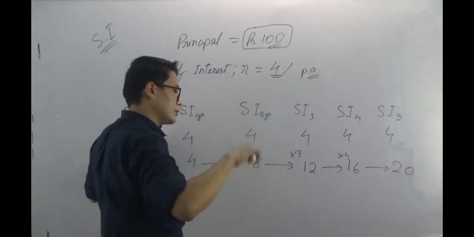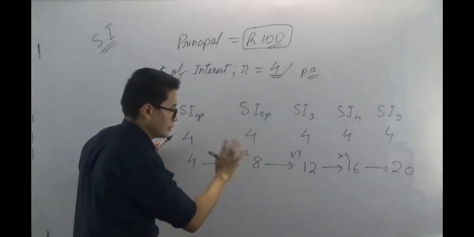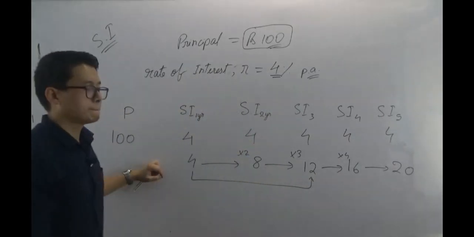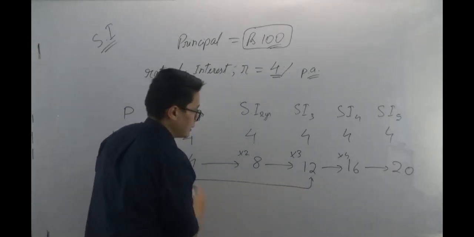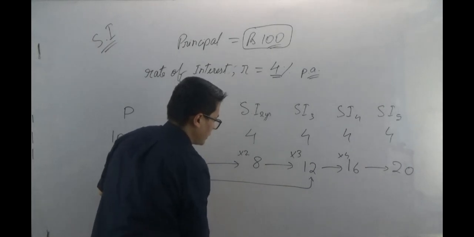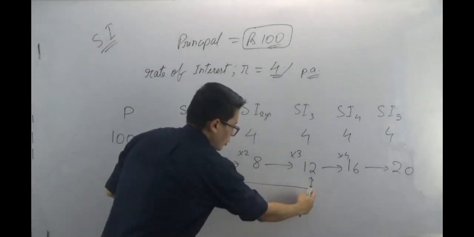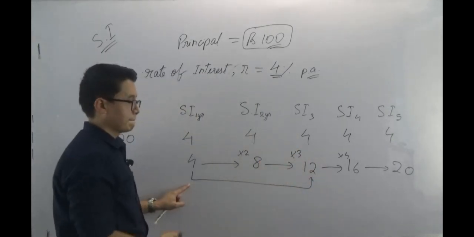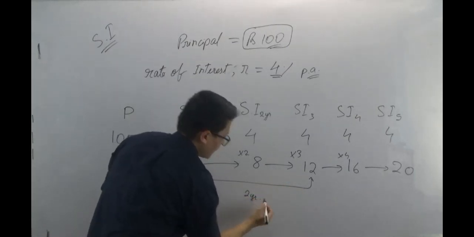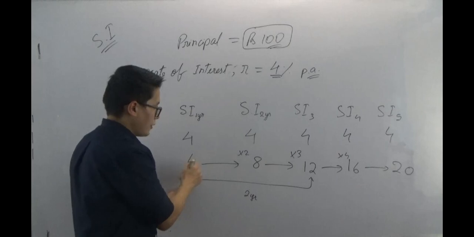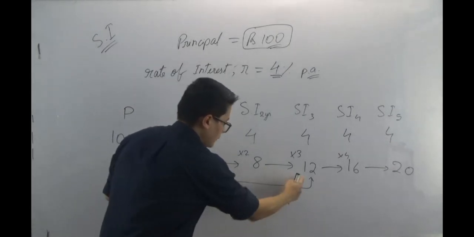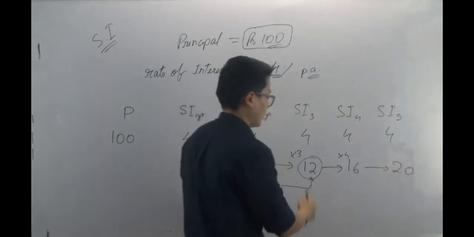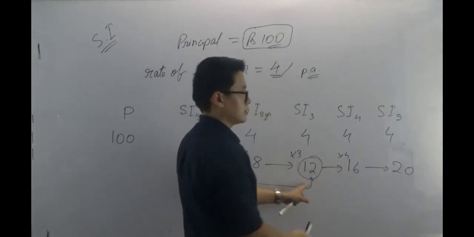Take a question: 4 becomes 12 after three years. The interest is 4 per year, so 12 for three years.